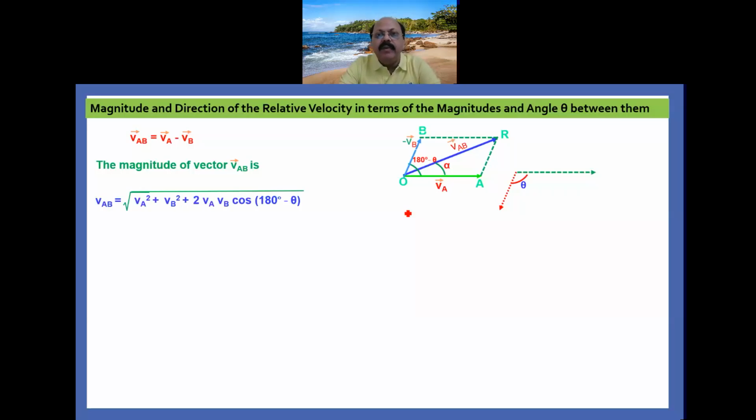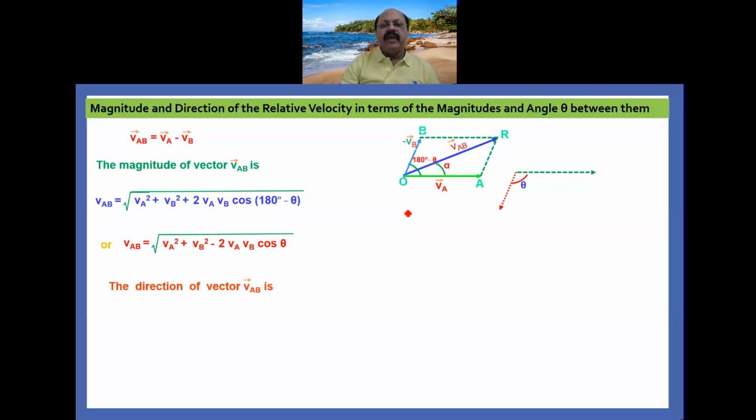From that formula, VAB equals the square root of VA squared plus VB squared plus 2 VA VB cos of (180 minus theta). Now simplify it, and you will get VAB equals the square root of VA squared plus VB squared minus 2 VA VB cos theta.